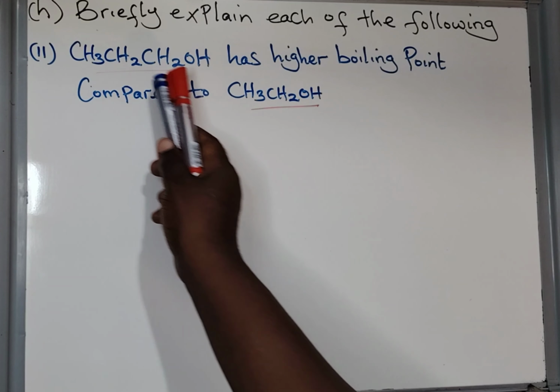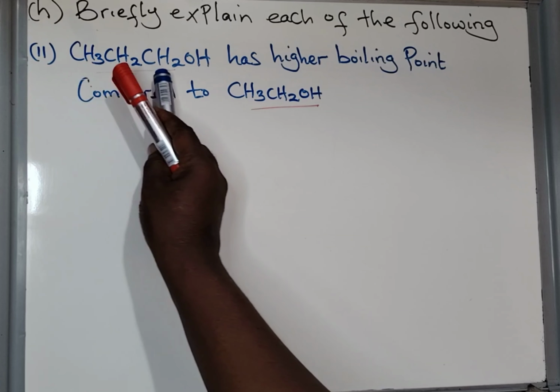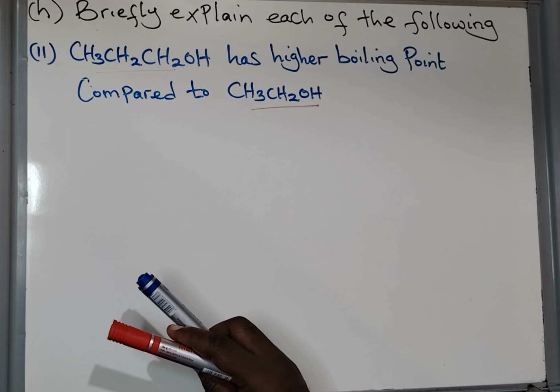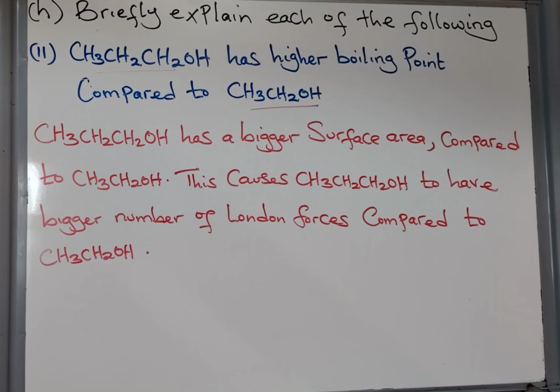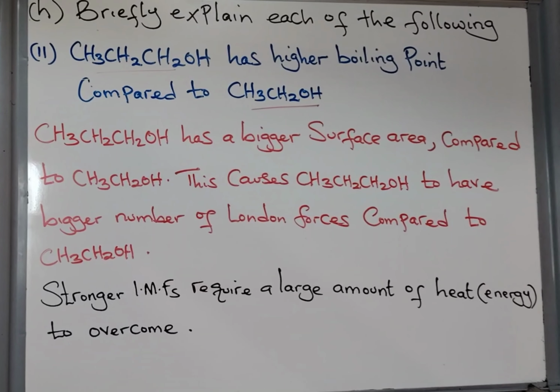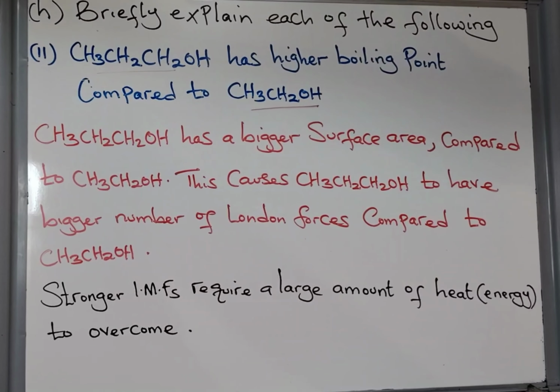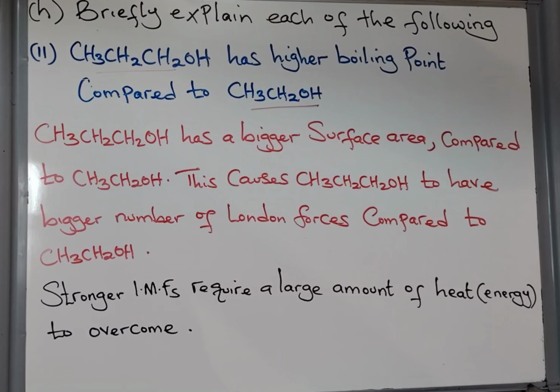So what is making them different is the carbon chain, which is leading to a bigger number of London forces. And then we make the conclusion. What's the conclusion? Stronger intermolecular forces require a large amount of heat to overcome.